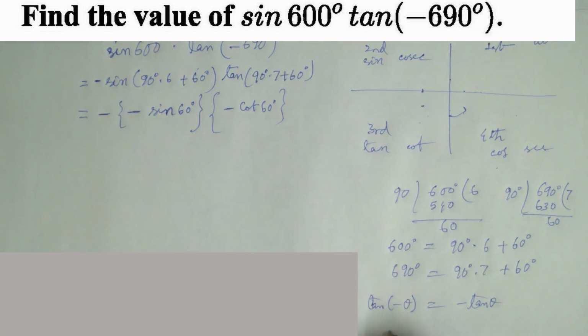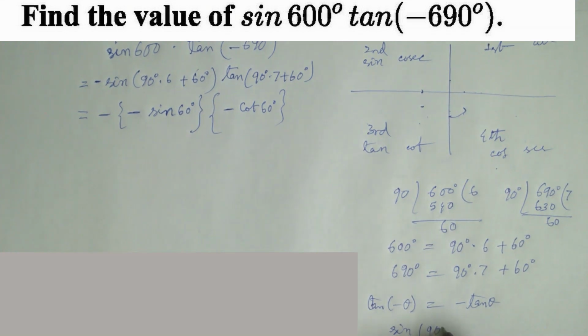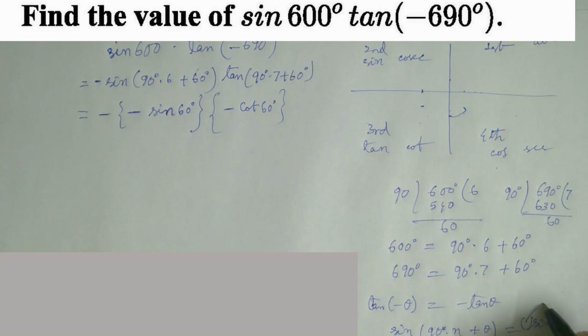The formula used in this case is sin of 90 degree into n plus theta is equal to sin theta, with the symbol depending on which quadrant it falls in, and if it is an even multiple, then sine will remain the same.